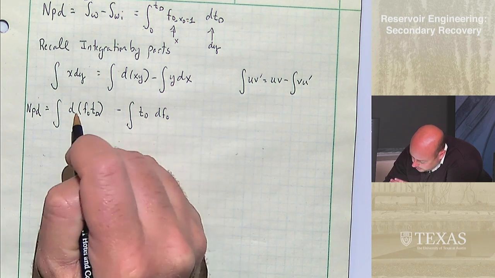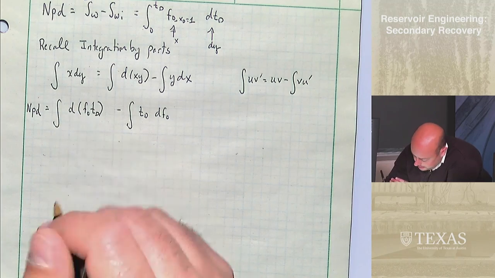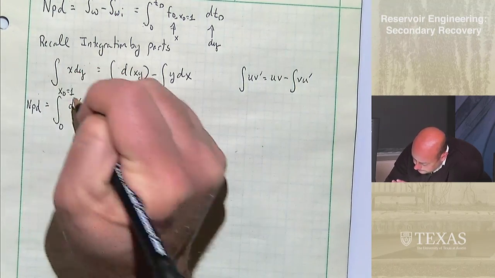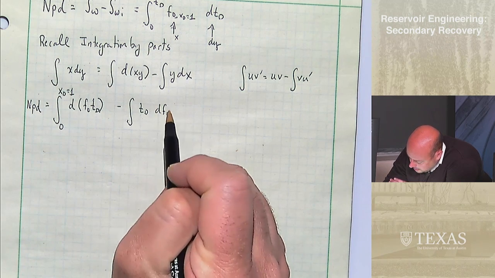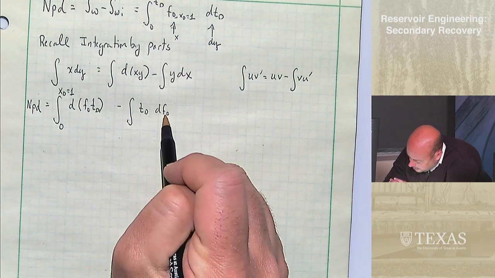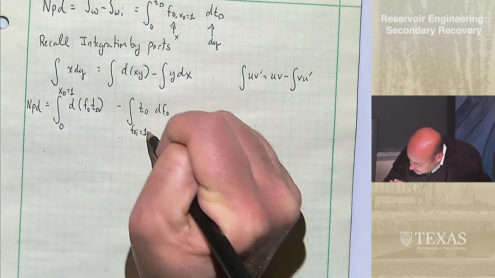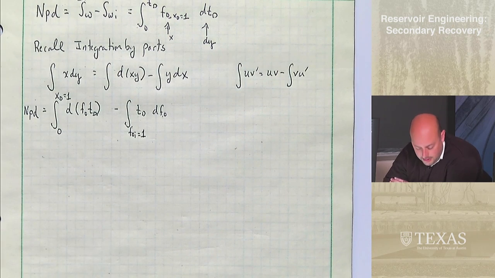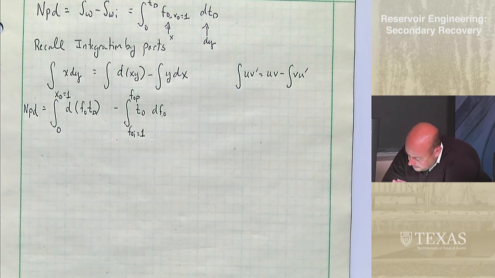Well, remember we're doing this from 0 to the end of the production well. So this is going to go from 0 to xd is equal to 1. And this integral, well, it's dFO, so it's got to have limits of integration of FO. So this is going to go from FOI is equal to 1. So what that means, the fractional flow of oil initially is equal to 1, at least if there's no gravity. And then at a later time, it's something else. So it's the fractional flow of oil at the producer well.